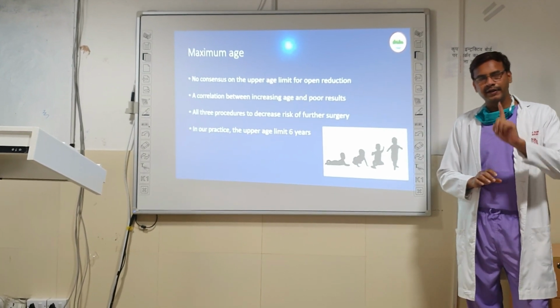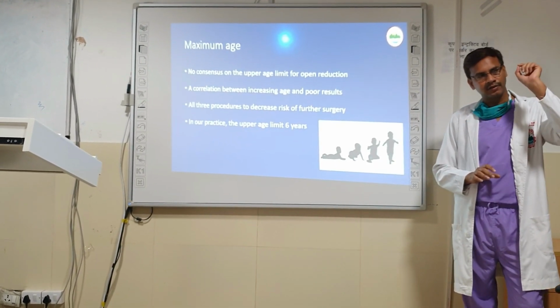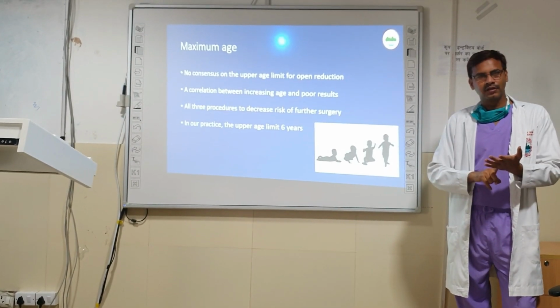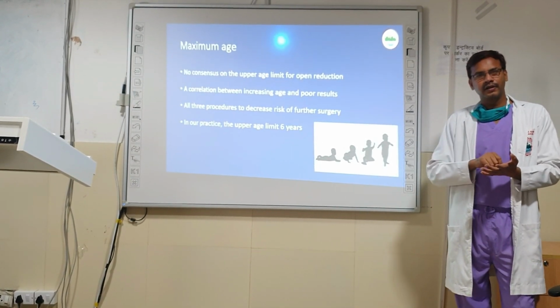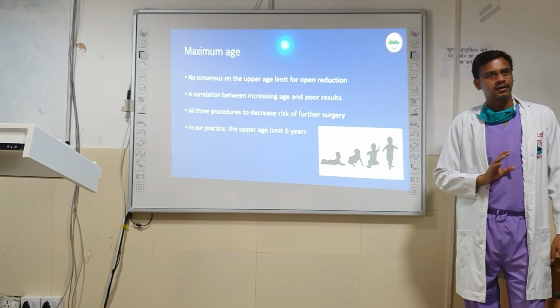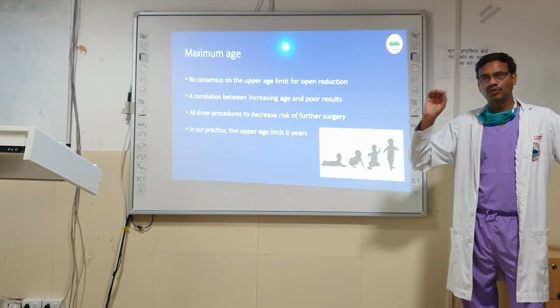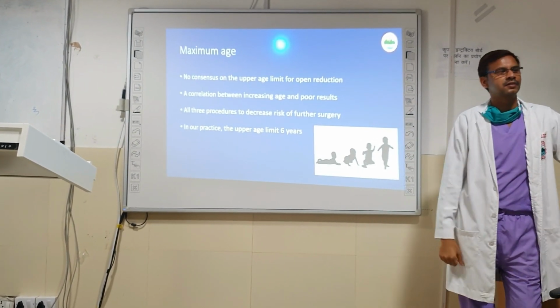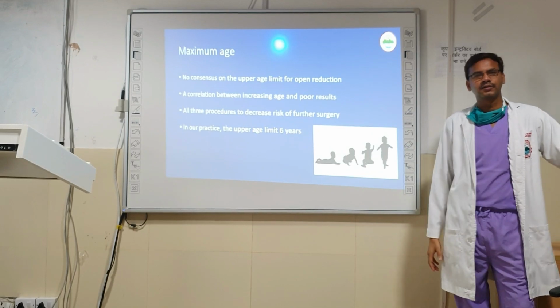But DDH is never DDH if it has reduced nicely. If you have done a nice procedure, you can guarantee a lifelong, stable, painless hip. So after 10 years, if you do an X-ray, you may not get any sign that this child had DDH. So this is the importance of early treatment.